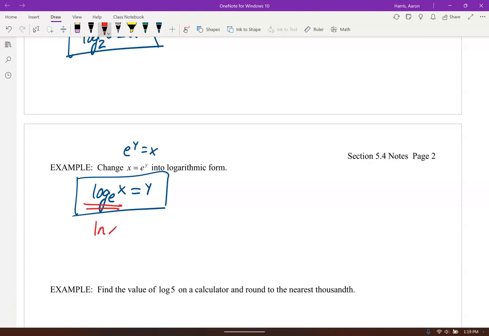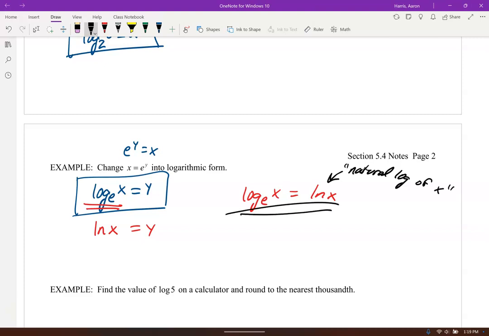They call it the natural log of x. So log base e of x is the same as the natural log of x. These are the exact same thing. Natural logarithm of x is how you say that. Log base e and the ln of x are the exact same thing. Okay.